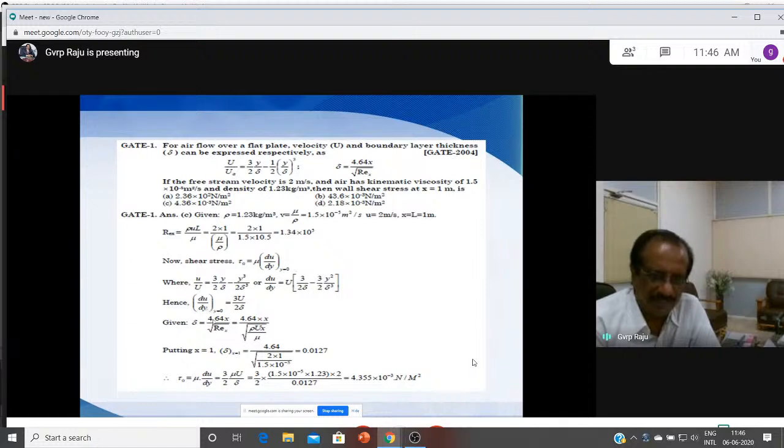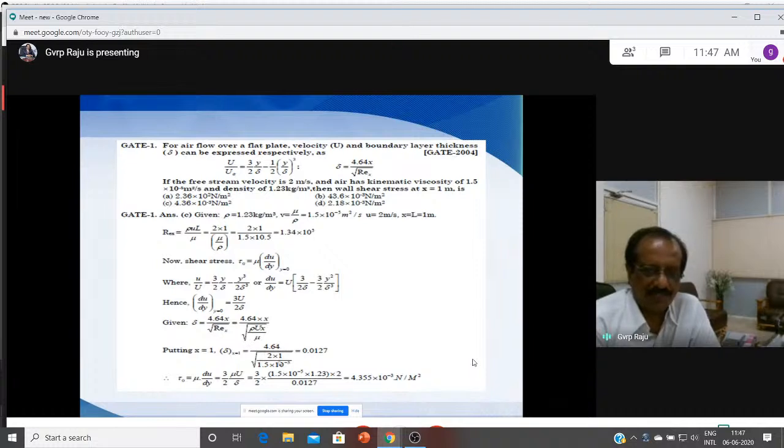So du by dy at y is equal to 0 is 3U by 2 delta, and he has given delta is equal to 4.64 x by square root of Re. So 4.64 into x, and this Reynolds number we have already arrived at here, and putting x is equal to 1, since it has given x is equal to 1, find out delta here.